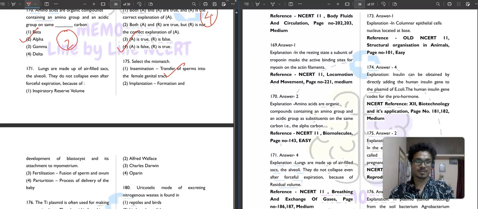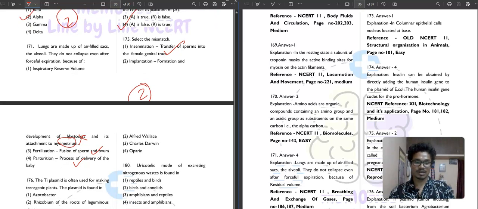So blastocyst becomes embedded in the endometrium of the uterus. This is called implantation and not in myometrium. Myometrium is the muscular layer. So not correct. Then fertilization, fusion of sperm and ovum. Correct. Parturition, process of delivery of the baby. Correct. So second option is your correct answer.